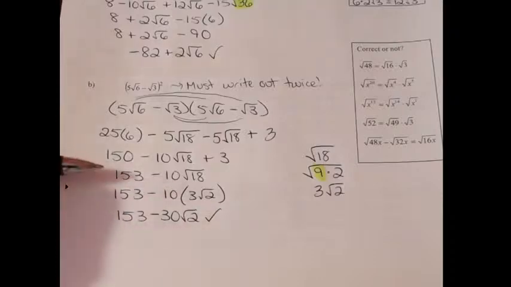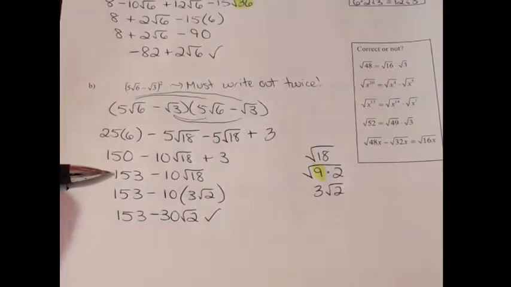If you stopped here at 153 minus 10 square roots of 18, you would get the majority of the points, for instance on a test, but it really is not enough. I want you to challenge yourselves to be super analytical, and to look at each term and see if you can go further with it, okay?